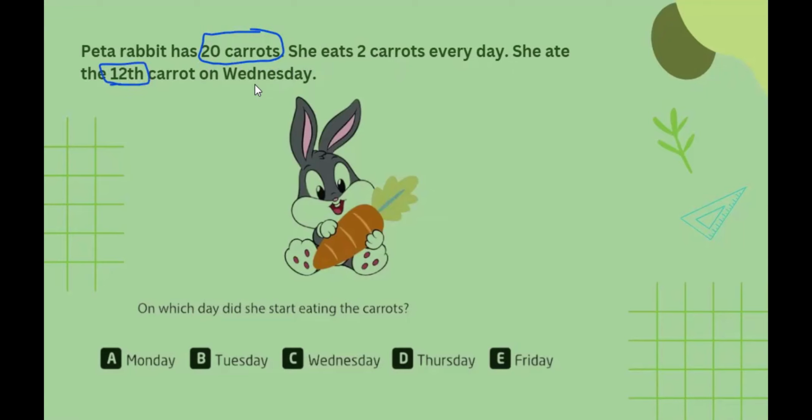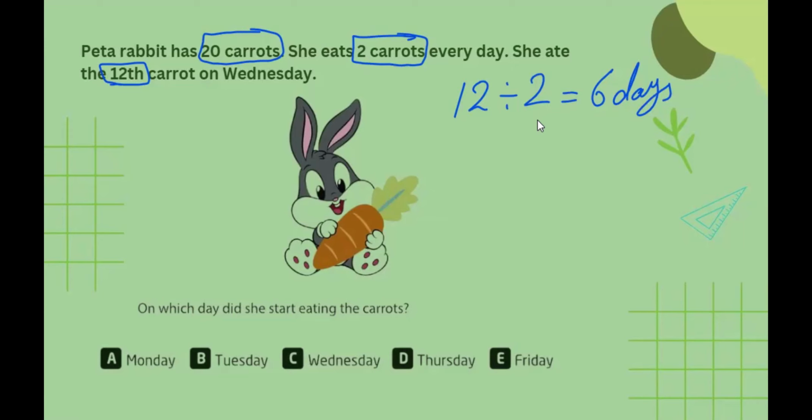So we're going to divide 12 by 2 to know the number of days that she ate all these 12 carrots. So it will be 6 days. She spent 6 days to eat 12 carrots.